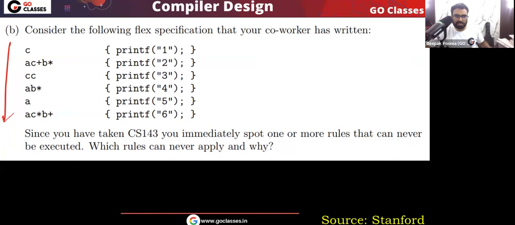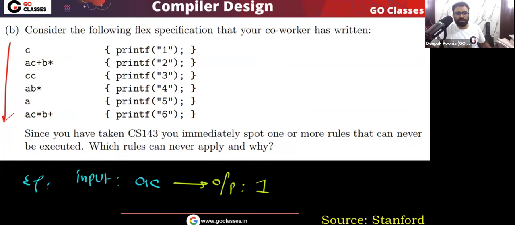Let's assume your input is AC. For this input AC, what will be the output? Very simple, token 2 will be generated for this AC.